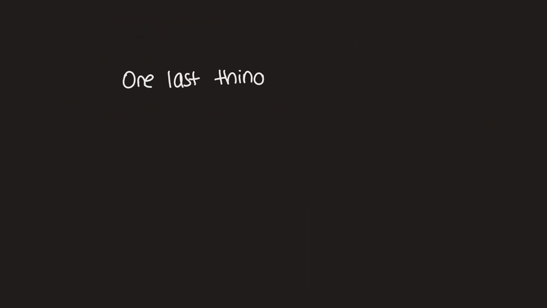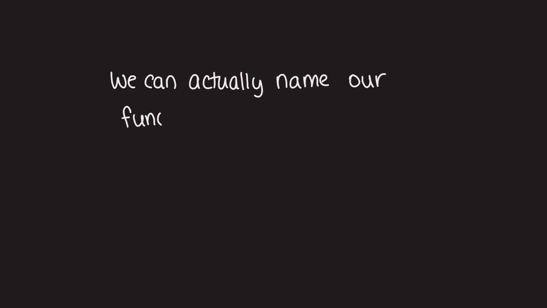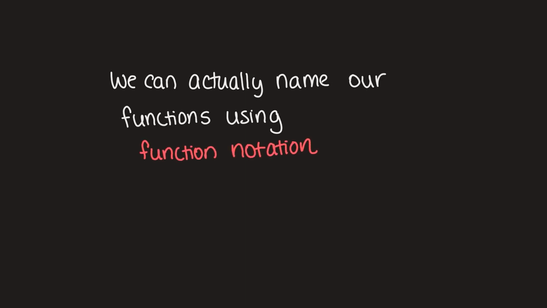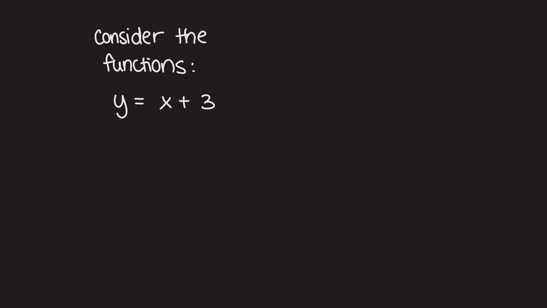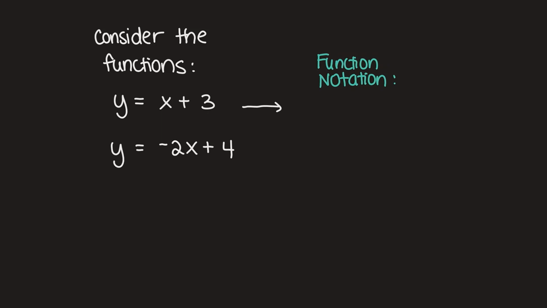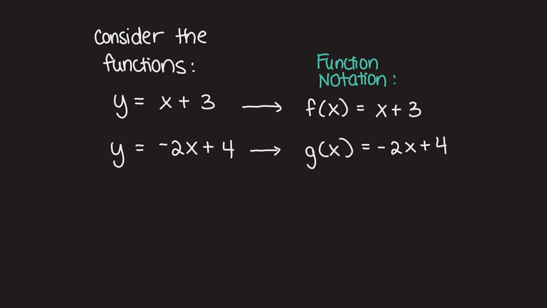Okay, one last thing to go over. We can actually name our functions using function notation. So consider the functions y equals x plus 3 and y equals -2x plus 4. To write these equations in function notation, we can use letters to name them. We can use f for the first equation and g for the second equation.